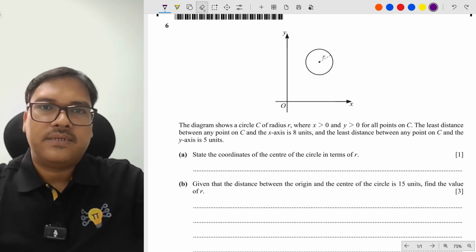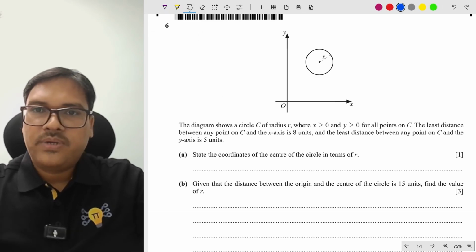What you can clearly see here is which point will be at the least distance.